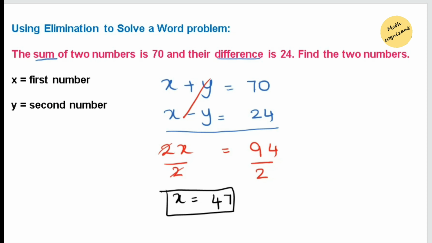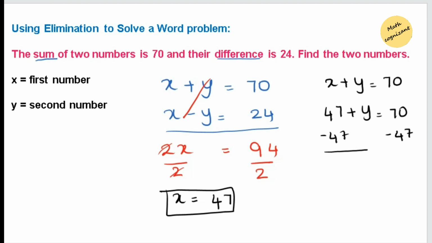So x plus y equals 70. Substitute the value of x as 47. 47 plus y equals 70. Now it's an addition equation, so do the inverse of it, that's subtraction. Subtract 47 from both sides, we have y equals 23.